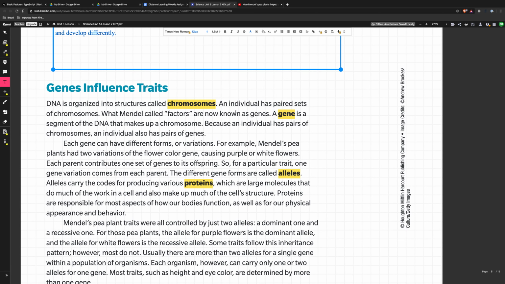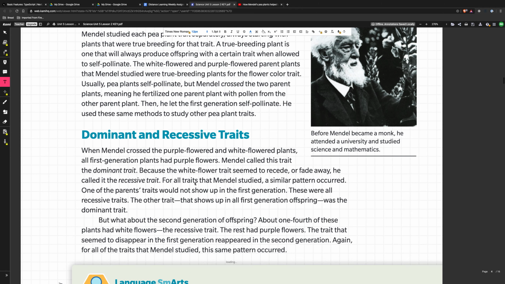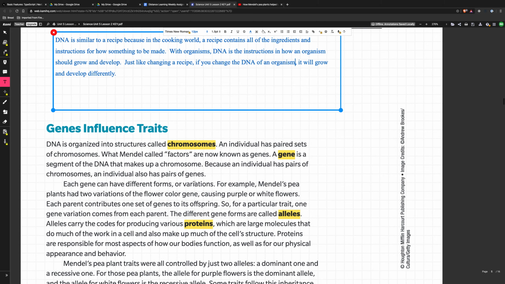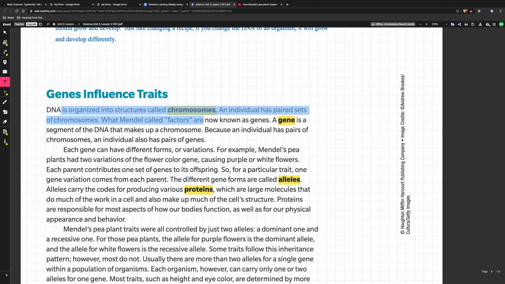Okay, and so then this kind of starts explaining what all of this Mendel stuff was all about. So we've got chromosomes, genes, alleles, and proteins. Okay, so this says DNA is organized into structures called chromosomes.